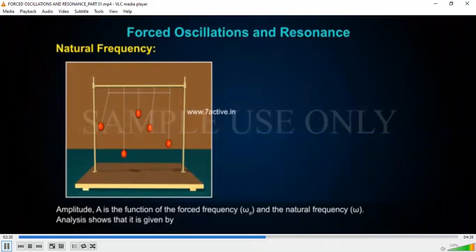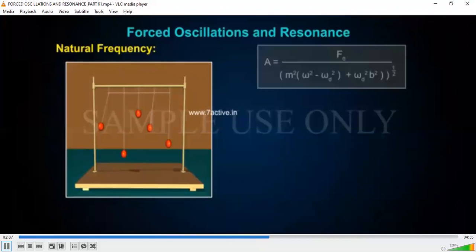Analysis shows that it is given by A equals F0 divided by [m²(omega² minus omega_d²)² plus omega_d² b²] to the power 1/2.